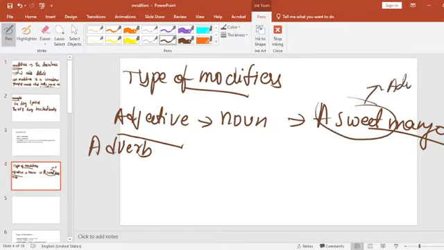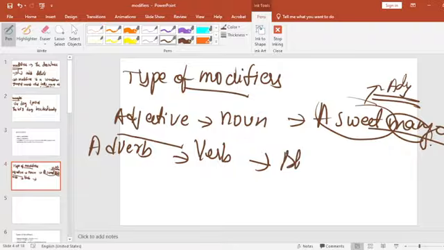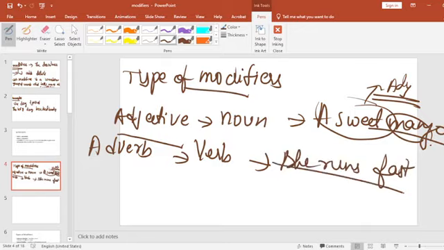Adjective. Mango is what? Noun. When it comes to adverb, it modifies the verb. Example, she runs fast. Here I'm modifying the verb, which is adverb.